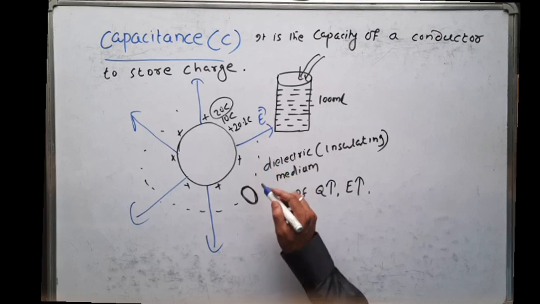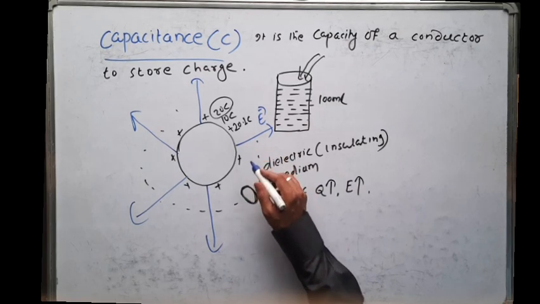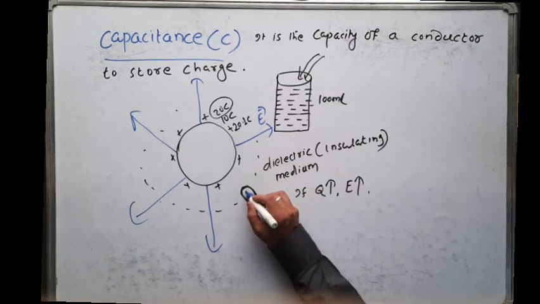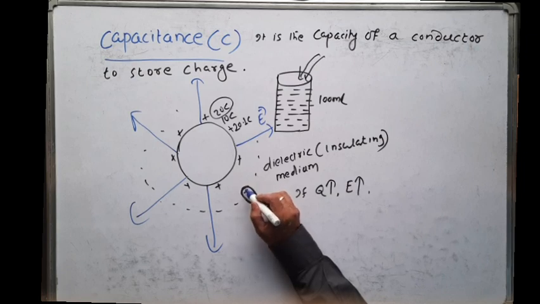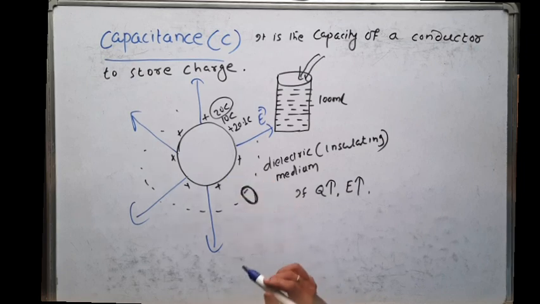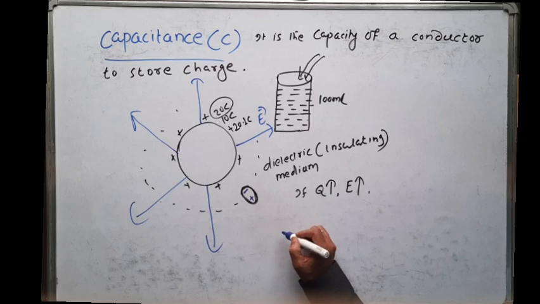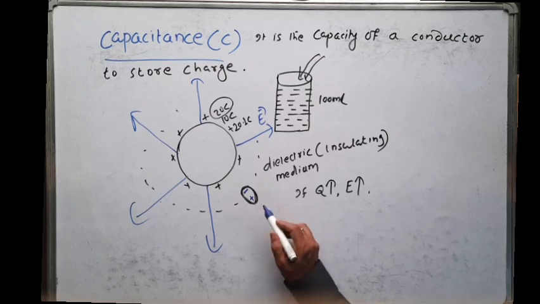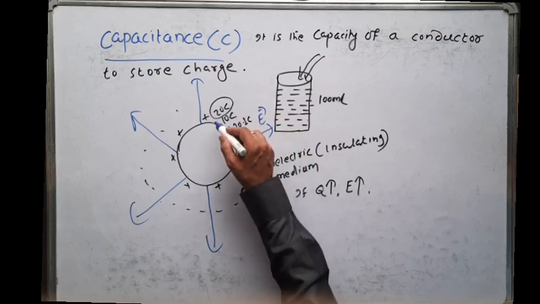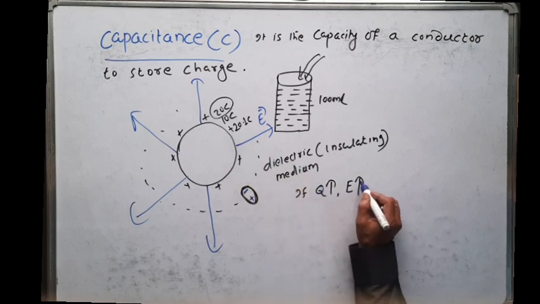Now, due to this electric field, a force will be exerted on the dielectric molecule. By this, the negative charge of the dielectric molecule will come towards this positively charged body, and the positive charge of the dielectric molecule will move away from the positively charged body. So now what happens? If we give more charge, then the electric field increases.